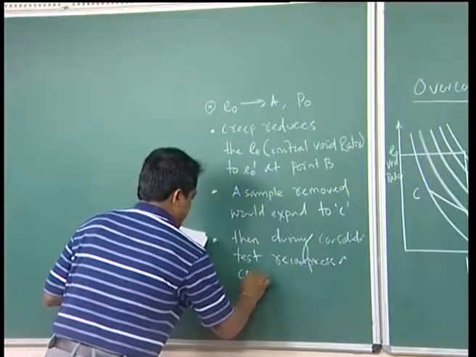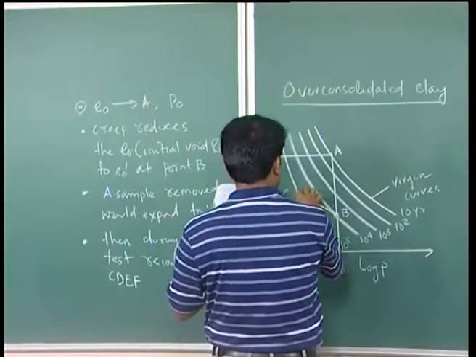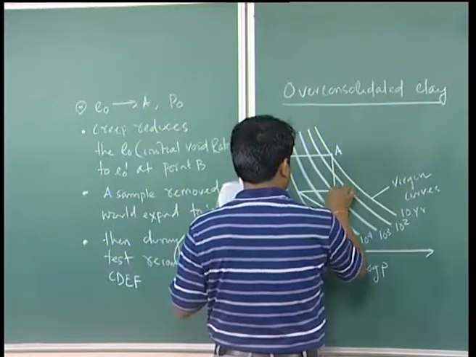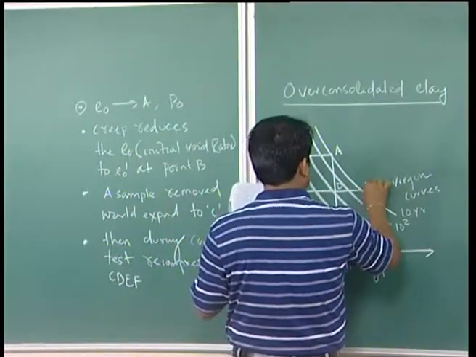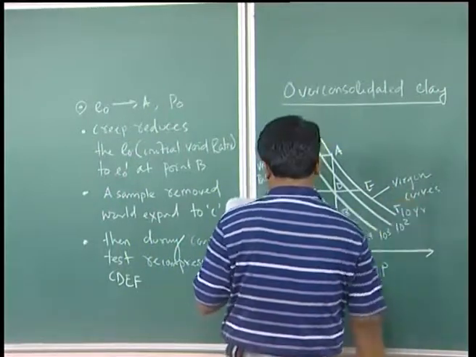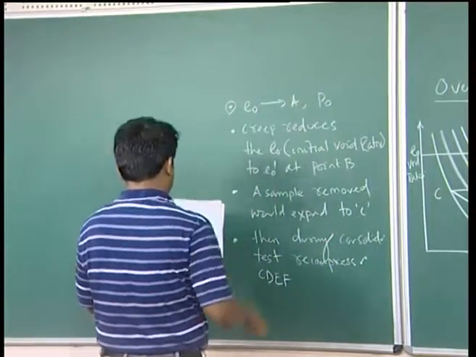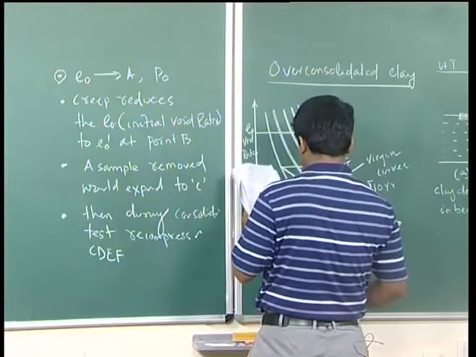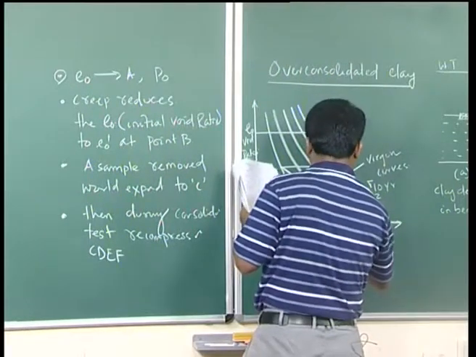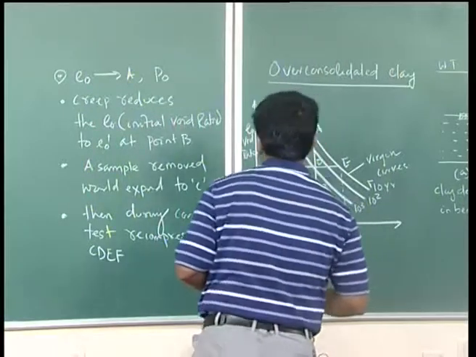C, D, E, F, that means C, D, it will go to E and F. So, this will be your PC at E.